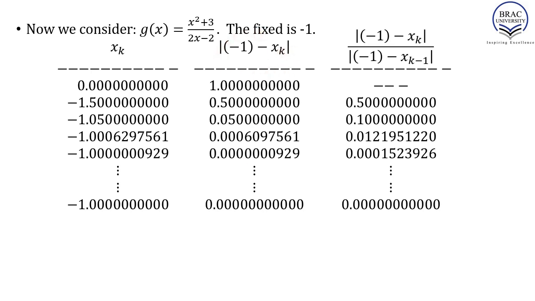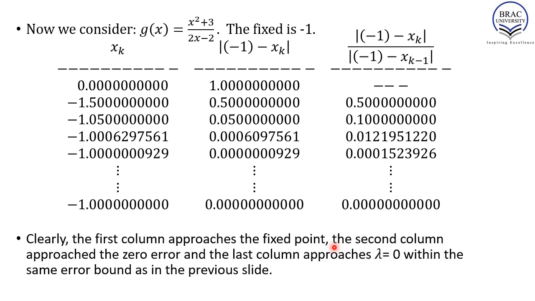That means xk is converging to x*, and in the last column the ratio approaches 0 here. Remember, our condition was lambda has to be less than 1, so 0 is included. Of course these results are computed within 11 significant figures as before. That's why we keep 11 significant figures.